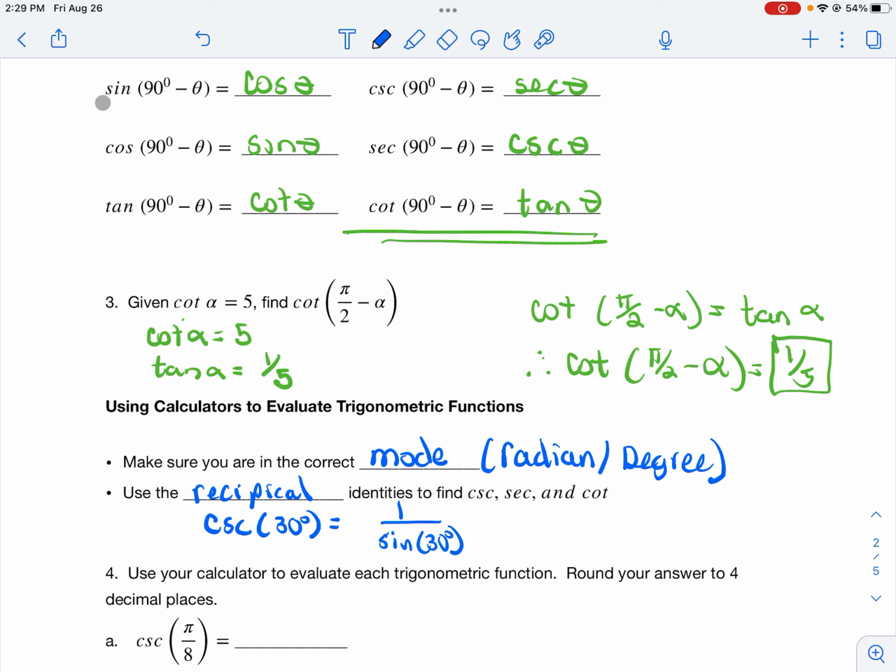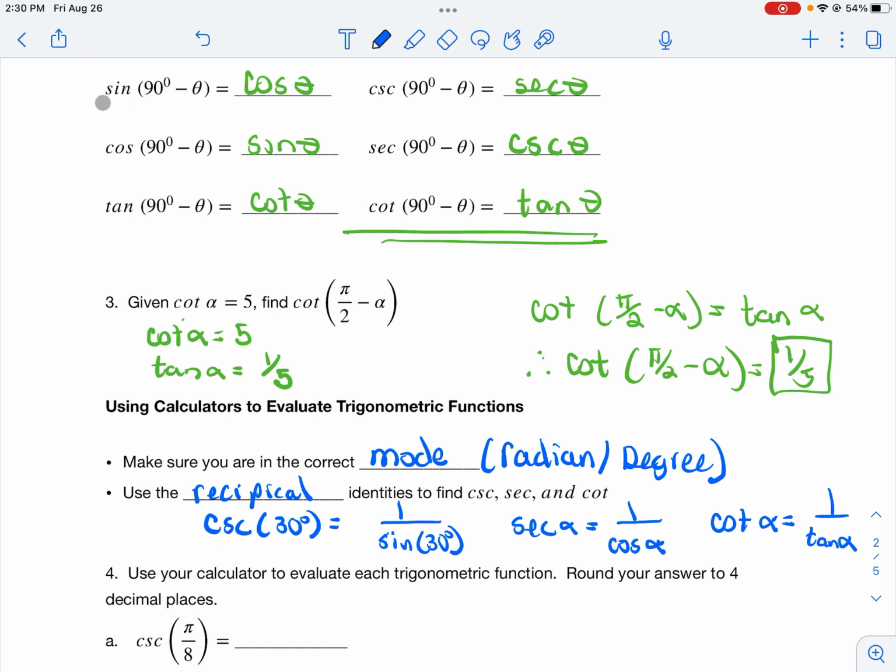If you're asked to find secant of alpha, secant is the reciprocal of cosine, so that's 1 over cosine of alpha. And cotangent of alpha is going to be 1 over tangent of alpha.